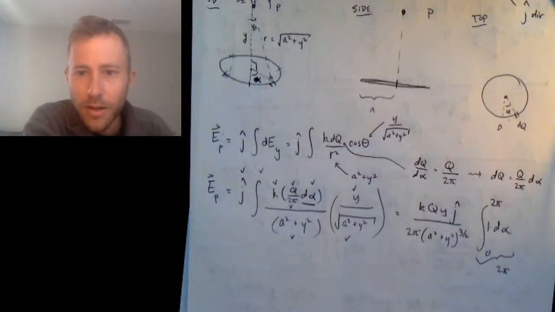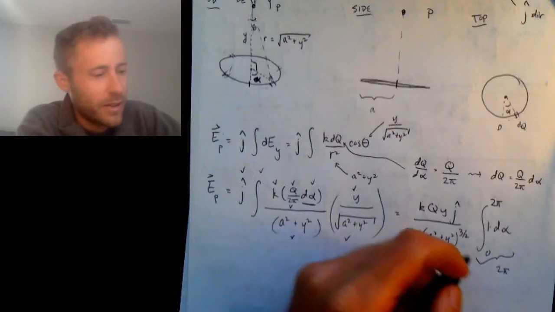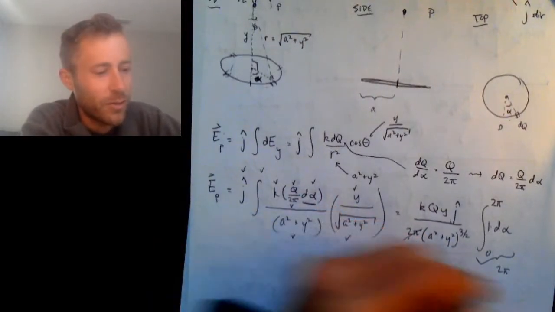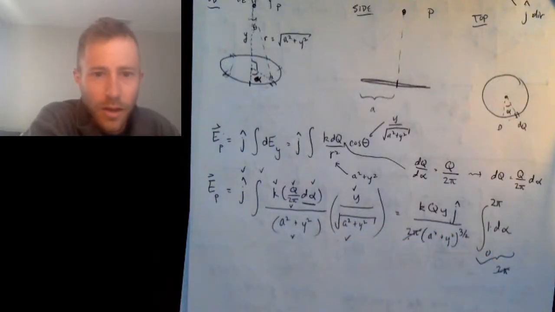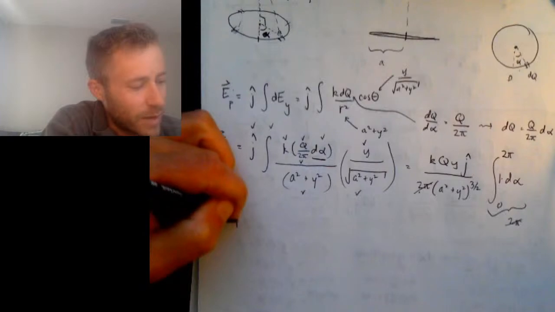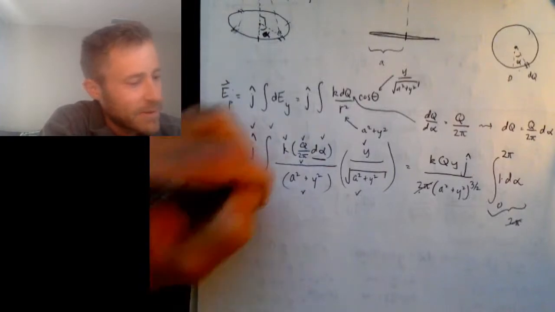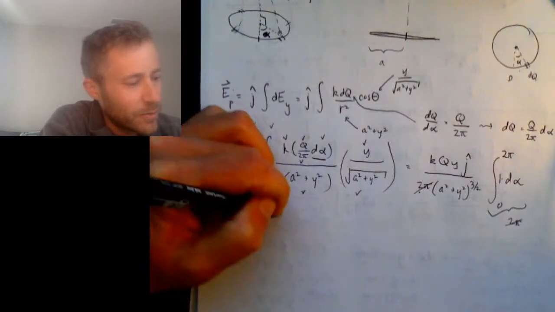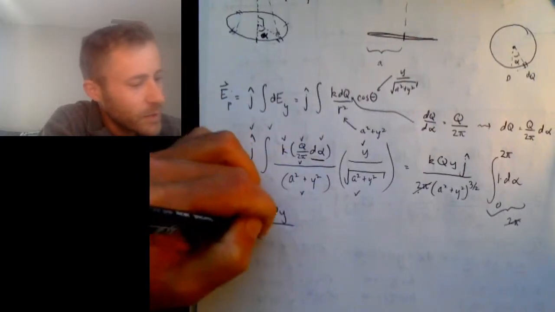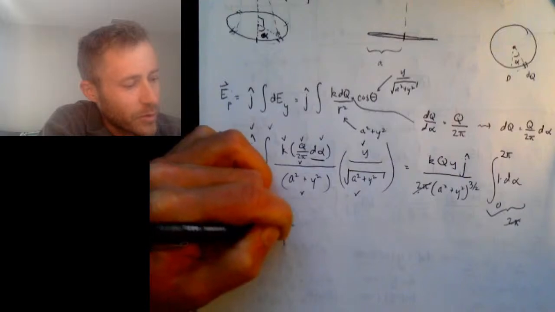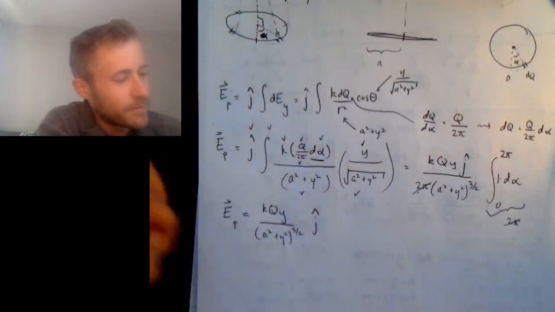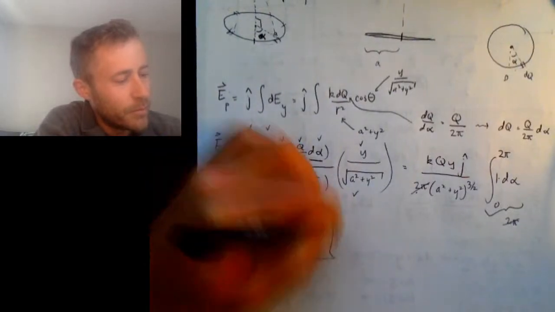And notice how that 2 pi cancels out this 2 pi right here. So we get our final answer for the electric field at point P is kQy over a squared plus y squared to the 3/2 times j. Boom.